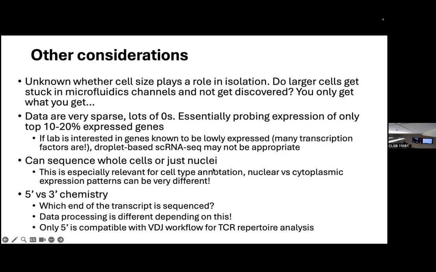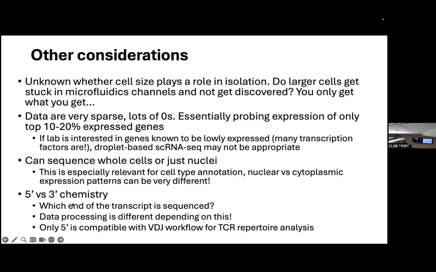Not every RNA molecule is exported out of the nucleus. There is some compartmentalization there. So it's important to keep in mind that your expectation of what a cellular gene expression profile might look like could be different if you're looking only at nuclei.